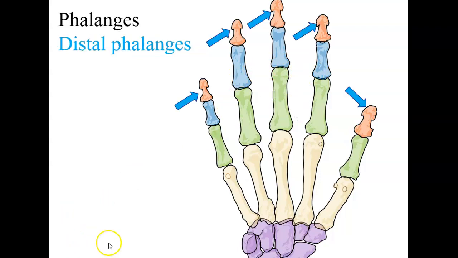And then next we have the most distal of the phalanges, and those are called the distal phalanges. So I apologize about my mistake there. The blue bones represent middle phalanges, and then the green bones represent the proximal phalanges. Of course, these bones right here are the metacarpals, and then these are the carpals.